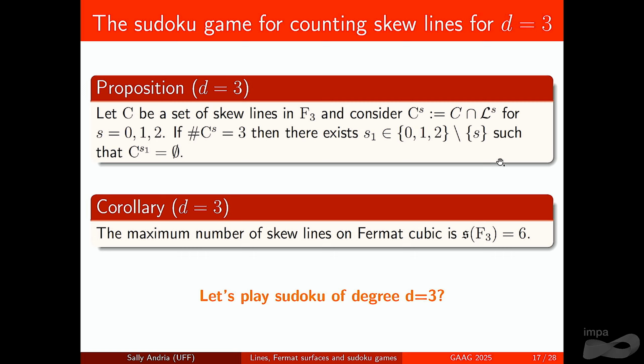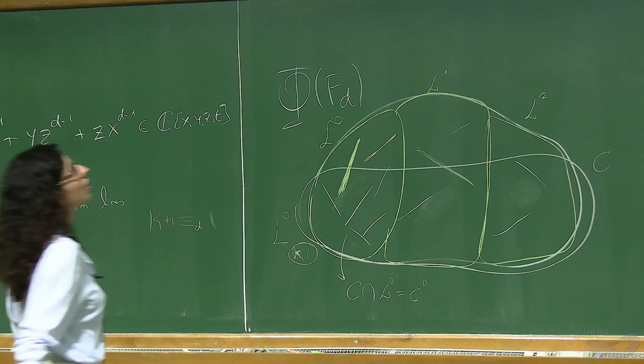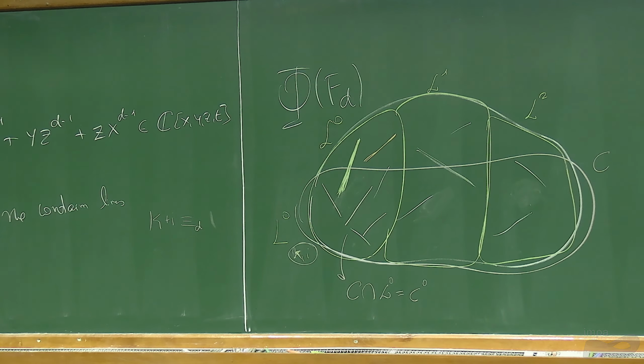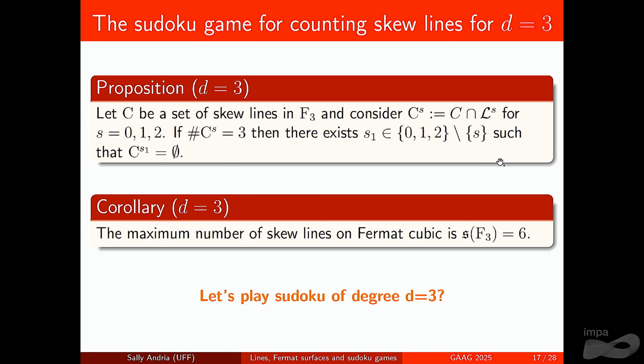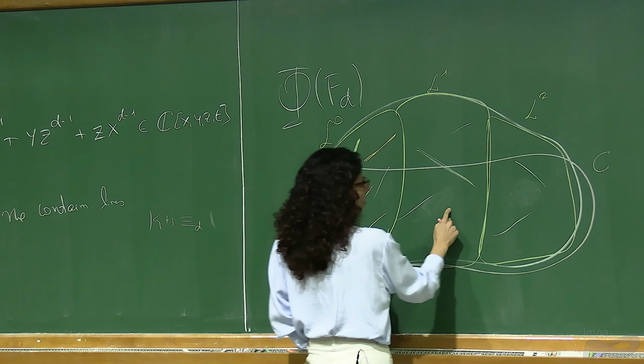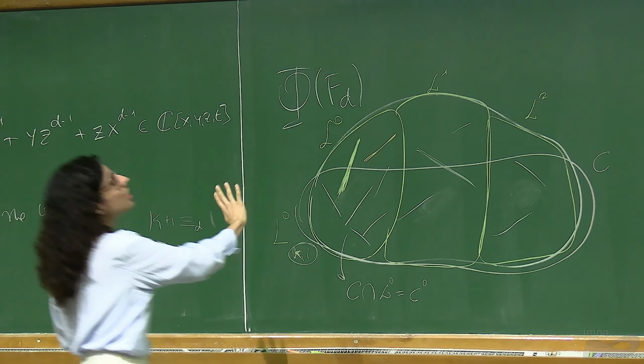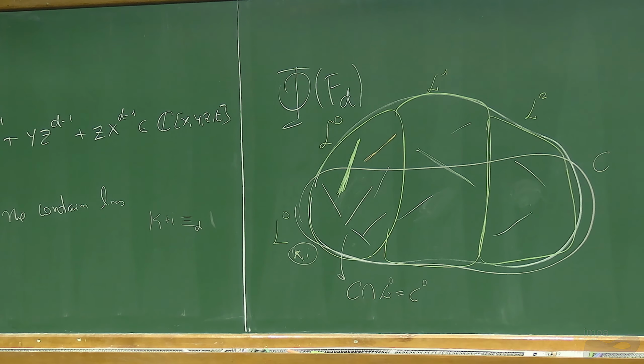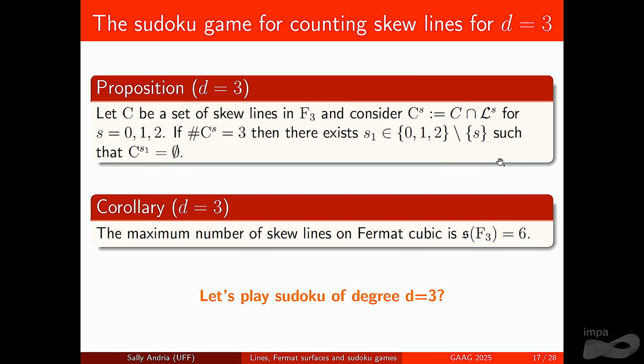If I choose the maximal number, that is D, in this case 3, here, so if I get 3 skew lines in L0, there exists another C, this or this one, that is empty. So I can take skew lines in the other subset. So we already know that the maximal number of skew lines in a cubic is 6, and we confirm this.